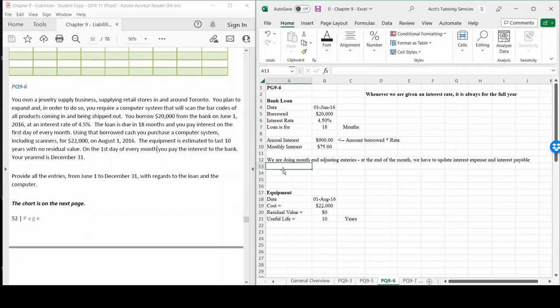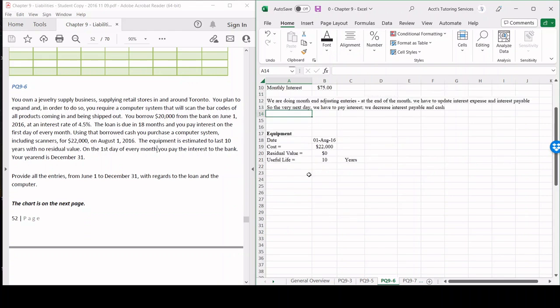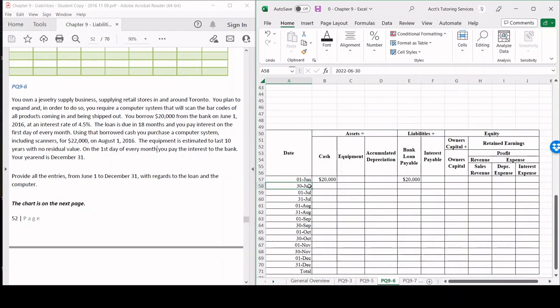So the very next day, we have to pay interest, meaning that we decrease interest payable and cash. Let's put that in practice right now. On June 30th, we're going to update or increase interest payable by $75 per month.